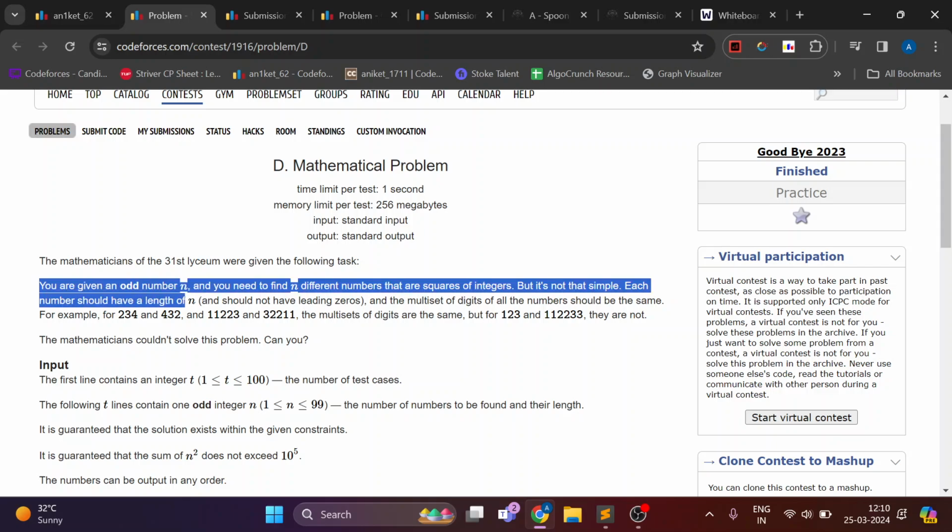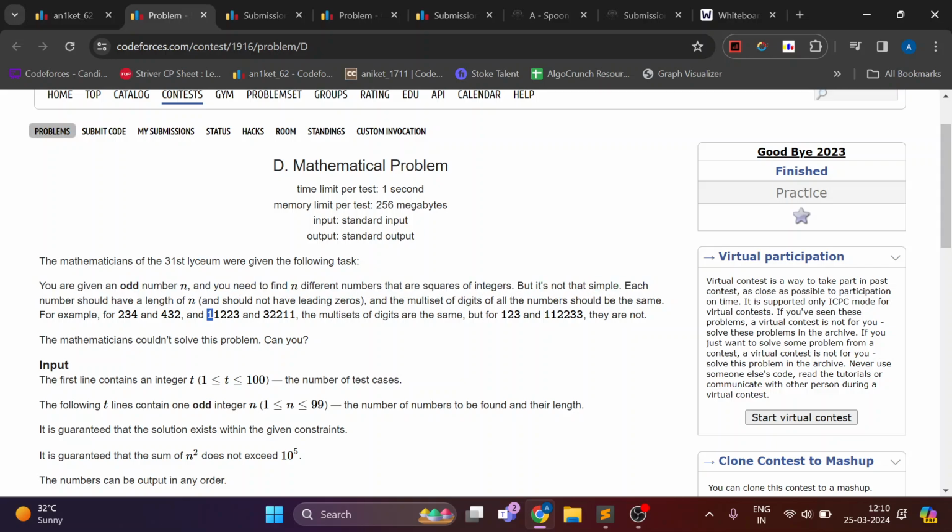We are given an odd integer n, and we have to find n different numbers such that they are perfect squares. But each of the numbers should have a length n, and the multiset of all digits should be the same. For example, 234 and 432 have the same multiset.